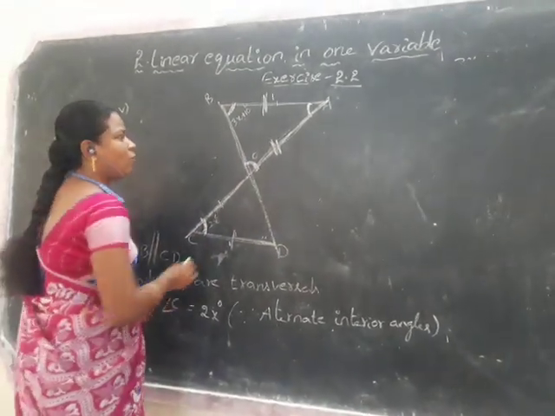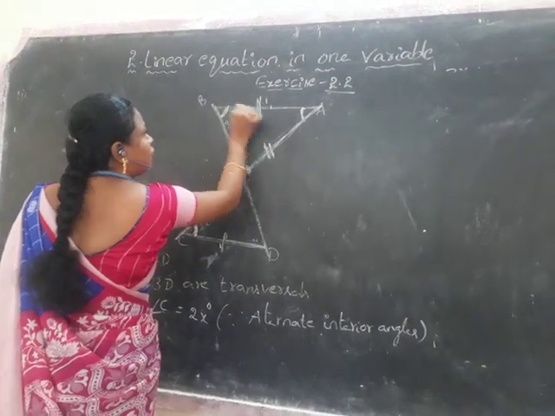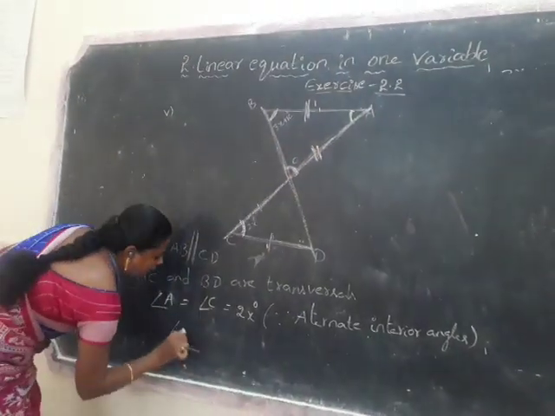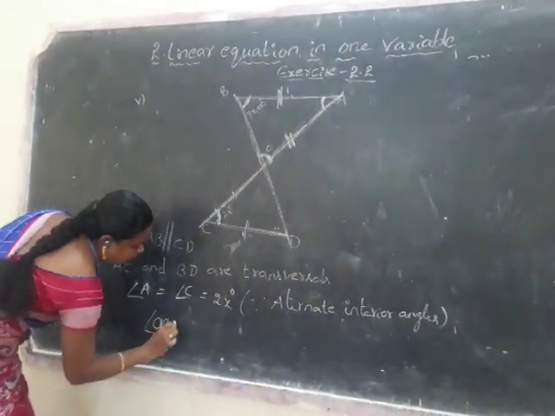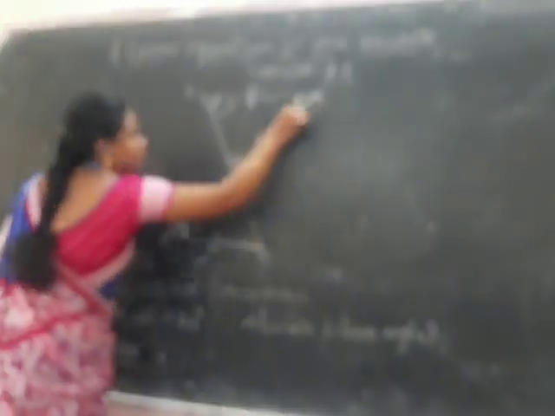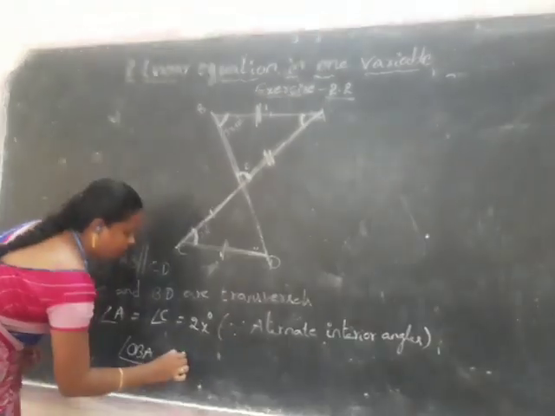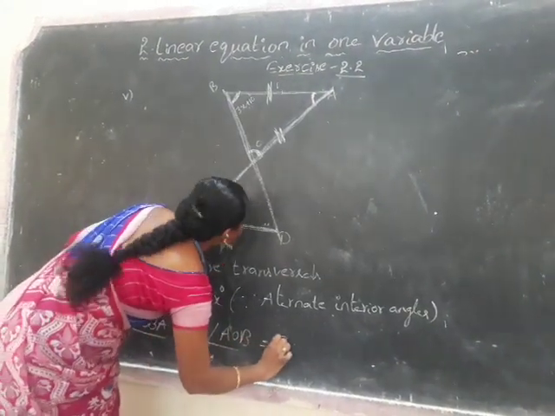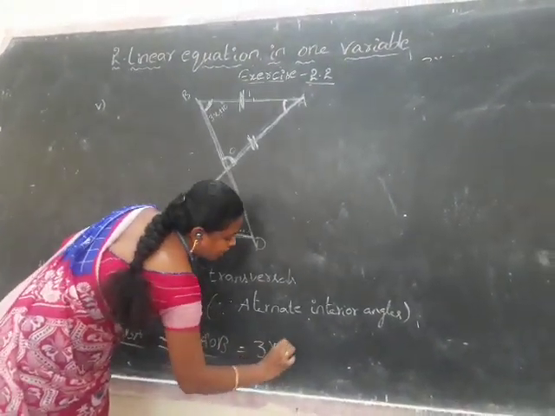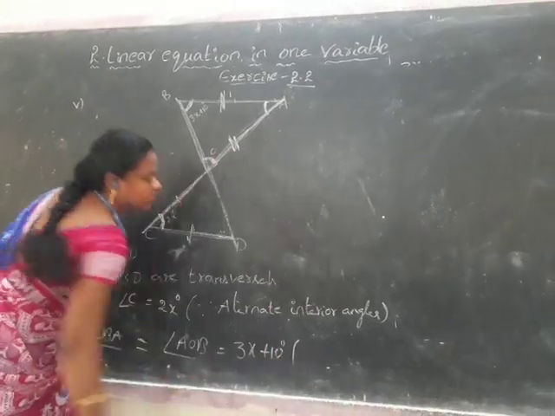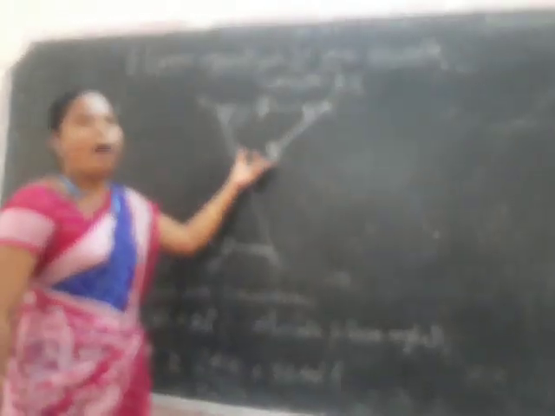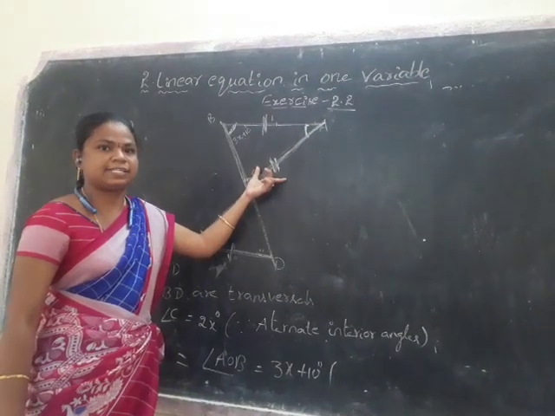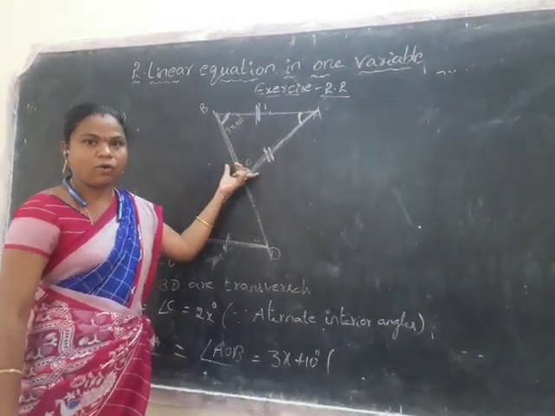Okay students? What are congruent angles? Angle OBA equal to angle AOB, that is equal to 3x plus 10 degrees. The reason is opposite congruent angles when sides are congruent.